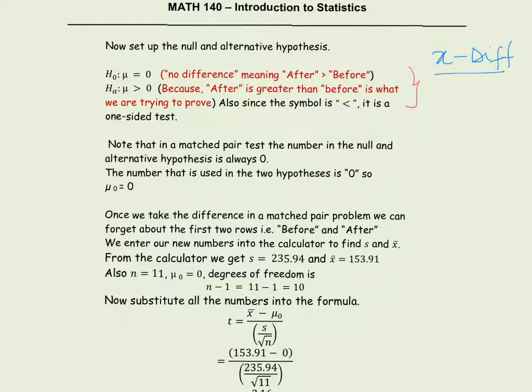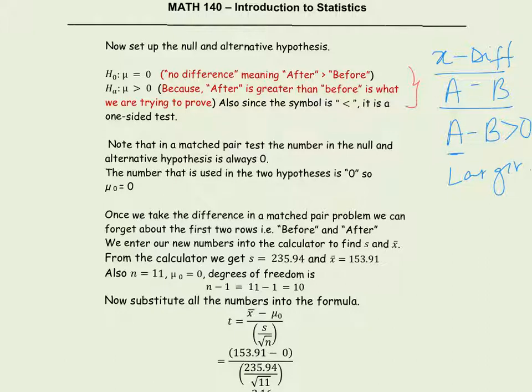After minus before is the difference x. What we're trying to prove is that the difference a minus b, that is after minus before, is greater than 0, which means the after counts are larger than the before counts, because that's when you know that the treatment is working.